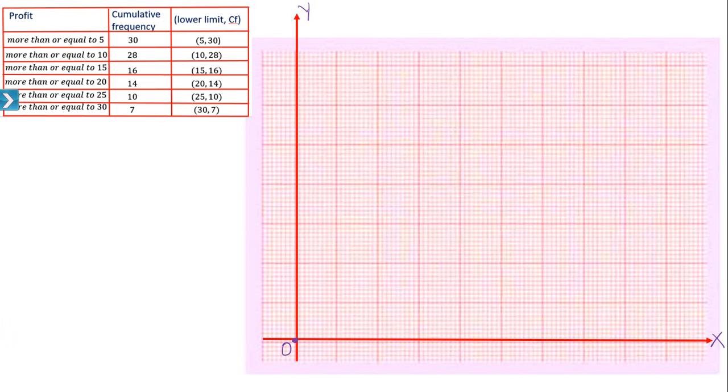Now, we have to choose a scale for x axis and y axis. Before that, here to draw the graph, lower limits are represented along the x axis and cumulative frequencies are represented along the y axis. We have to represent lower limits along x axis, cumulative frequencies along y axis.